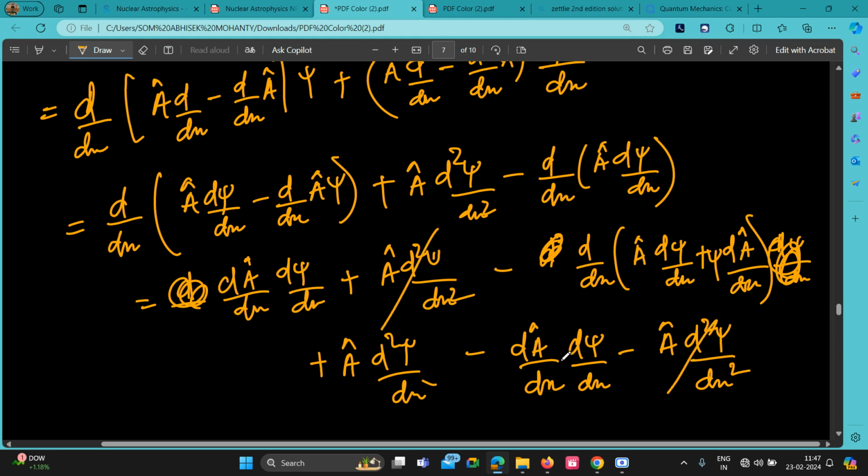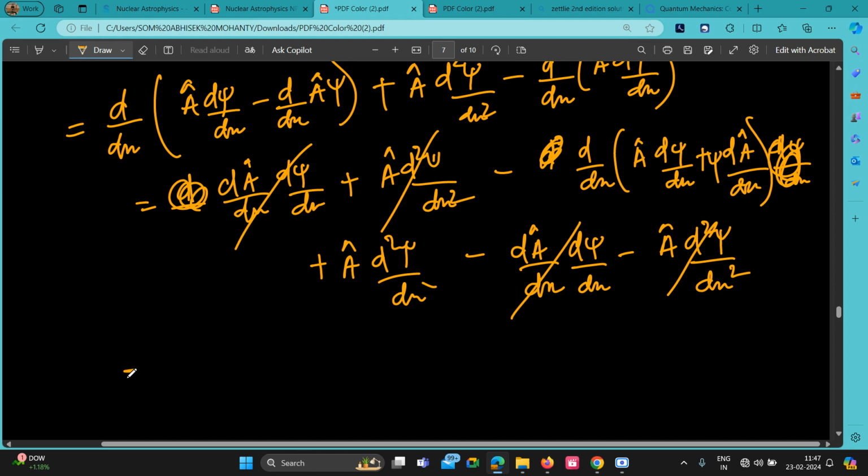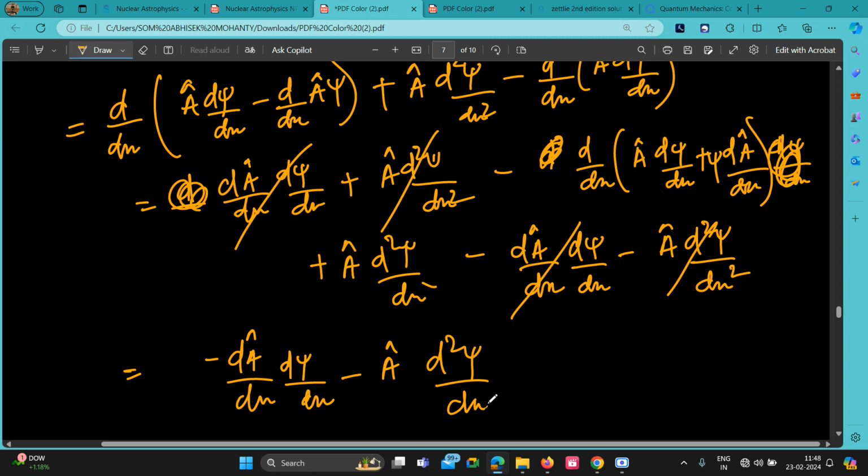This cancelled out. See, these are cancelled out. So yes, minus dA by dx d psi by dx minus a d square psi by dx square, then minus again d psi by dx dA by dx minus psi d square a by dx square.